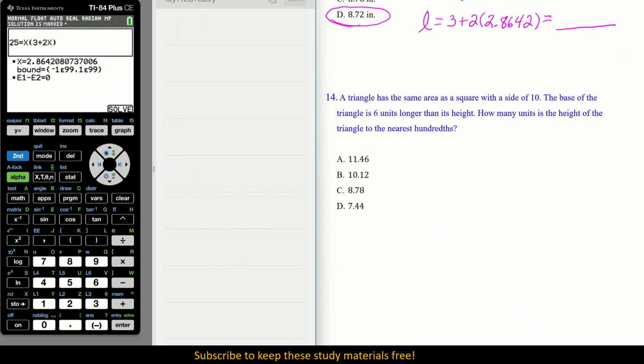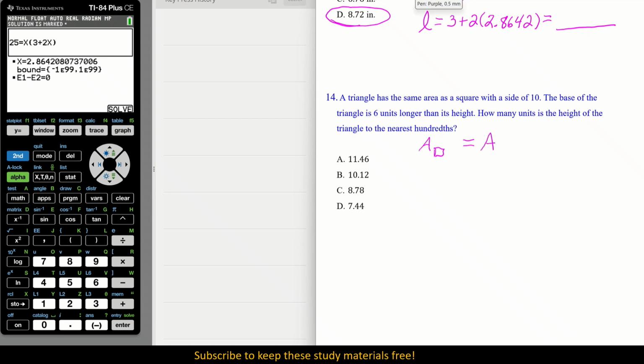All right, let's look at what we're doing here for number 14. A triangle has the same area as a square with a side of 10. Okay, so we have area of a triangle equals... I'm thinking and writing before I should.